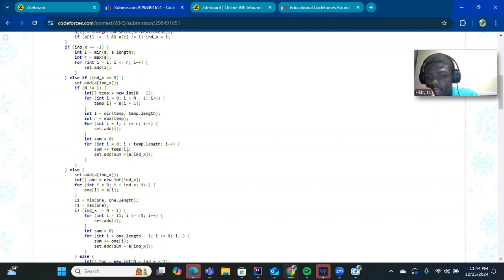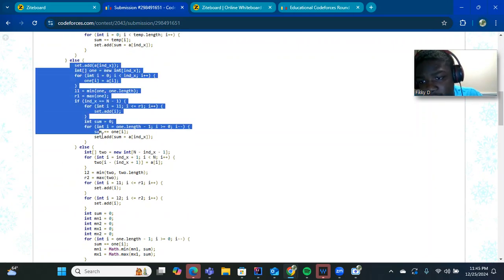Same thing here: if the element x is in the front, then just go through all the possible prefixes of that array in the temp array, and then add x, the element at the x index, and that covers the case where subarray sums include x.